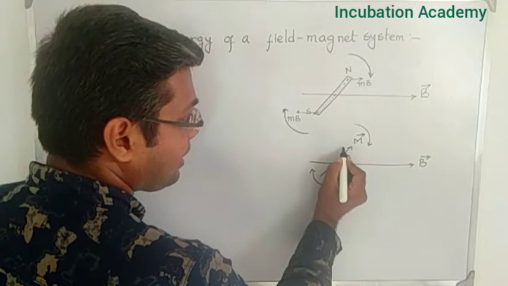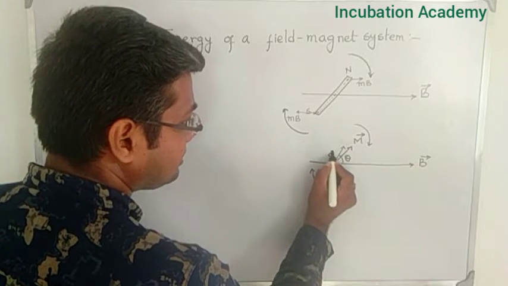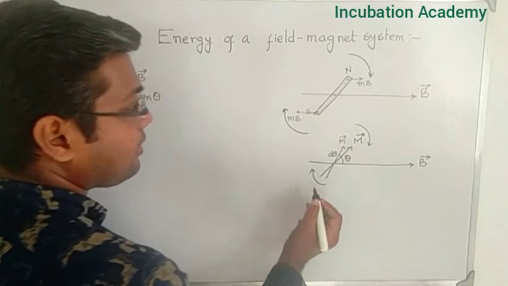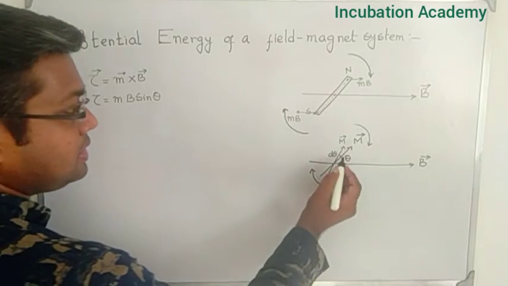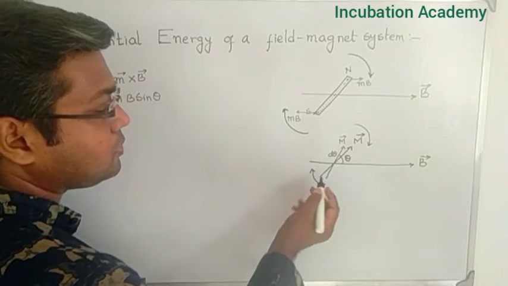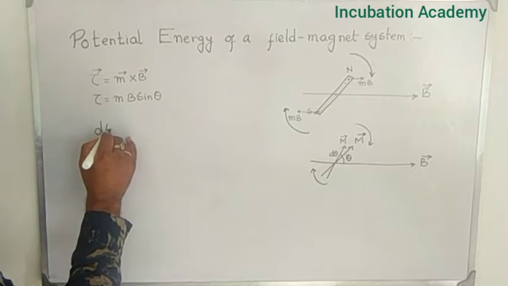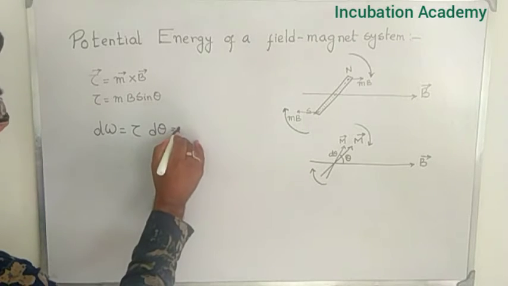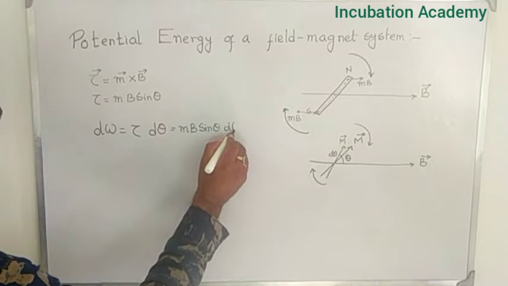Not only that, if I try to rotate it by an infinitesimally small angle d theta, then we have to do work. In rotating this magnetic moment, that is this bar magnet, in the direction opposite to its tendency, the work done is dW equals tau d theta, that means mB sin theta d theta.